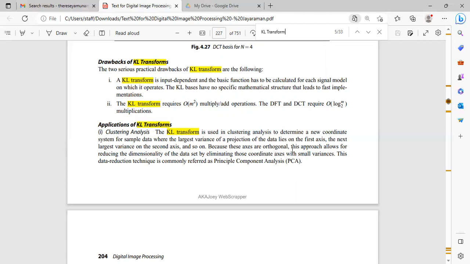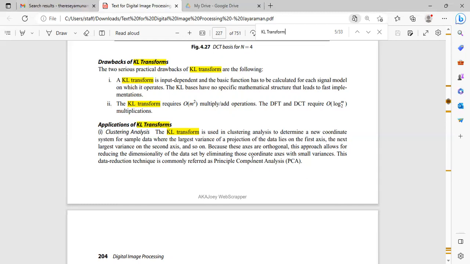Because these axes are orthogonal, this approach allows for reducing the dimensionality of the data by eliminating those coordinate axes with small variances. This data reduction technique is commonly referred to as principal component analysis.